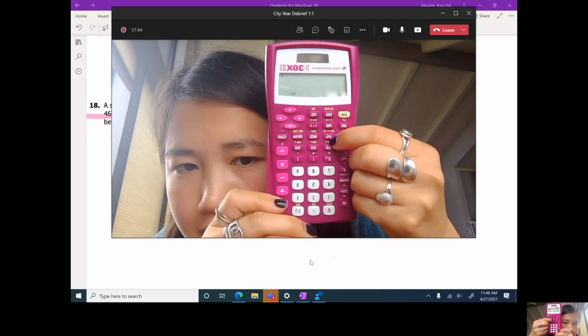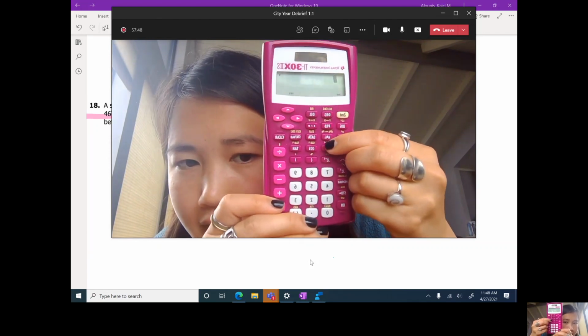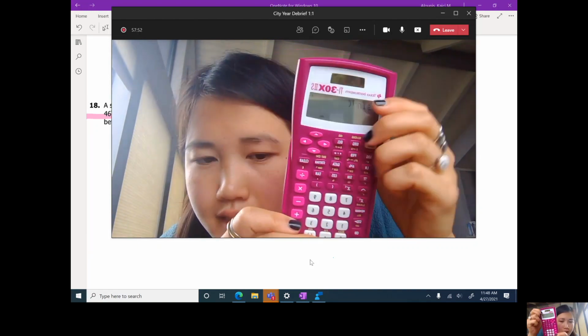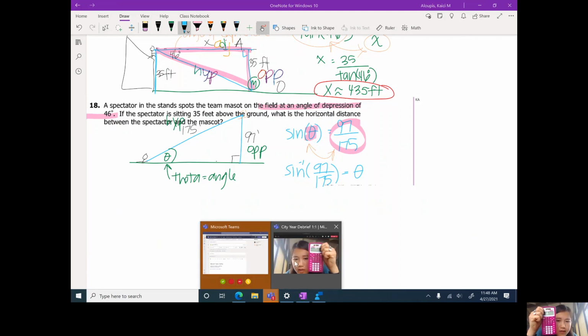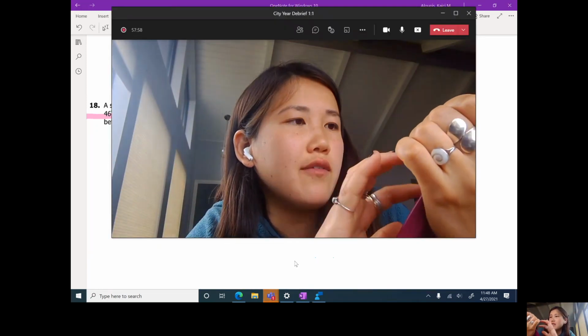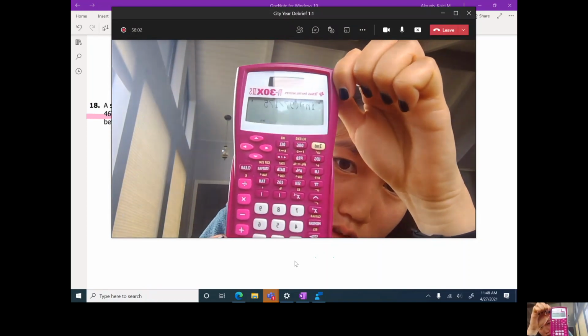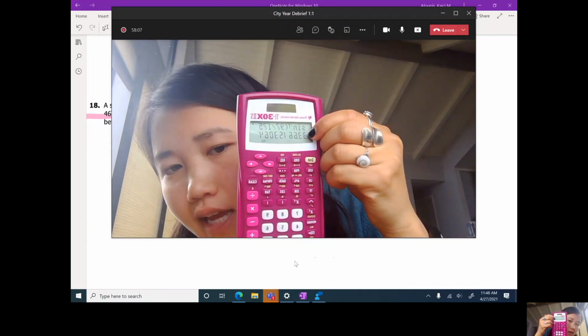You can see the inverse sine button, the inverse cosine button, and the inverse tangent button. I'm taking inverse sine. And look, you can see the little -1 to show inverse. Inverse sine of 97 over 175. 97 divided by 175, inverse sine of that. There we go. That is the distance, right? Oh, that's the angle, sorry.